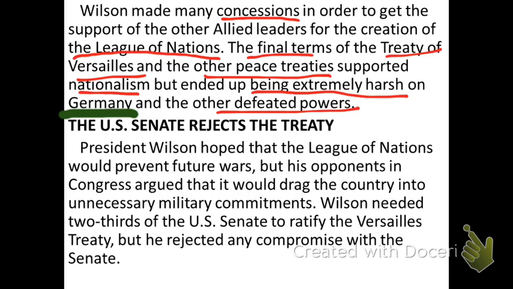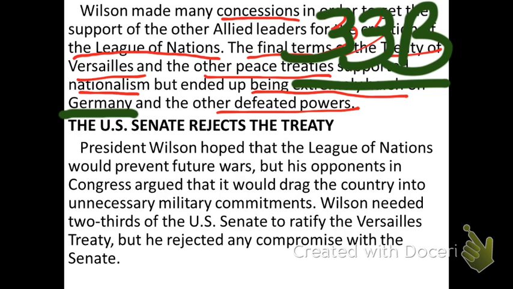We've already talked about the war guilt clause, in which Germany took full responsibility for the death, the destruction, and the monetary cost of the war. And of course, they were forced to pay reparations to the tune of about $33 billion, which in today's dollars would probably be pushing $1 trillion or more.